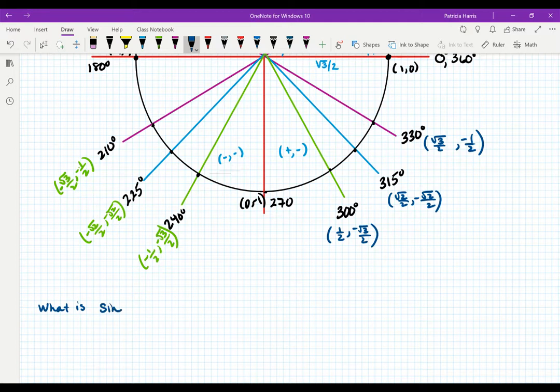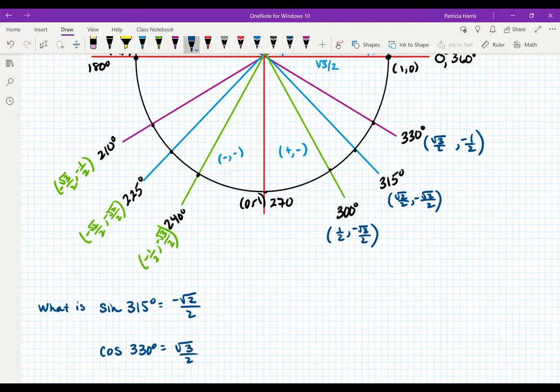Let me give you another value. Let's do sine of 315. Find 315. Sine is the second one: negative radical 2 over 2. Done. Let's do cosine of 330. Then you would get radical 3 over 2.